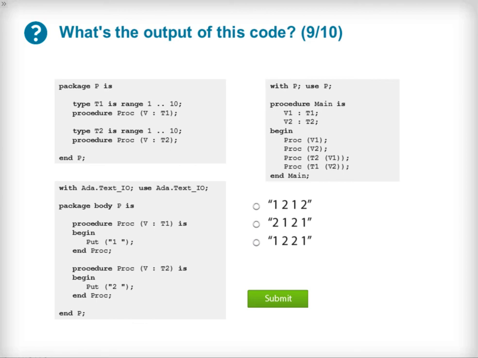The procedure main declares stack objects of the two types, and then makes a sequence of calls to proc, sometimes passing objects directly, and other times applying conversions. What text will be output? When you believe you know what the answer is, click the Submit button.